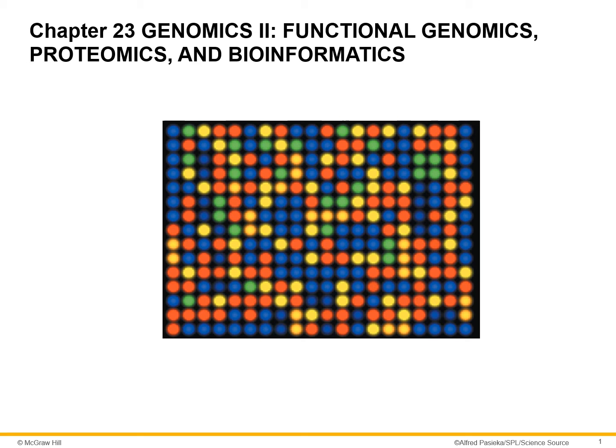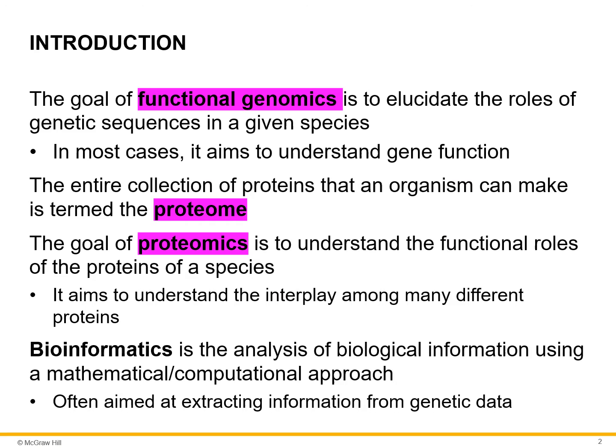In this chapter, we're more looking at the functional significance of that in terms of what do genes do, what proteins do they make, and what do those proteins do, and ways of comparing genomes from different organisms in terms of how similar or how different they are. So that's what we'll be doing today.